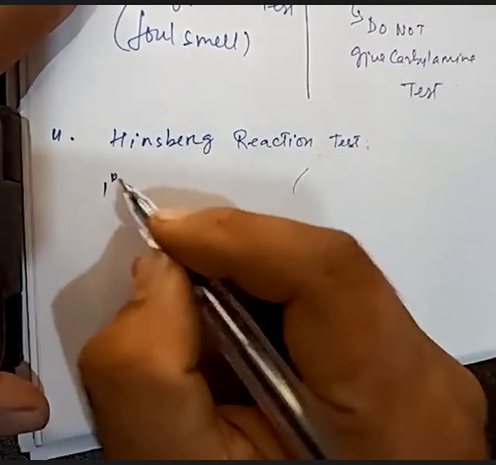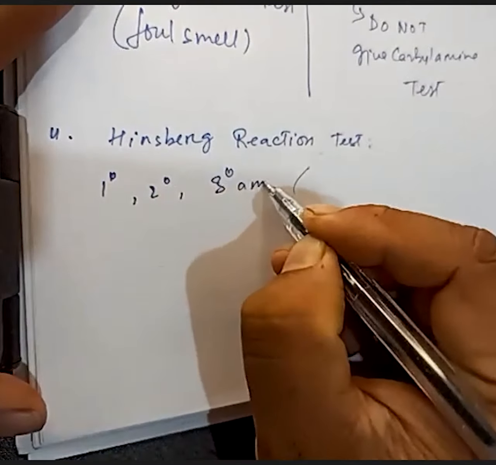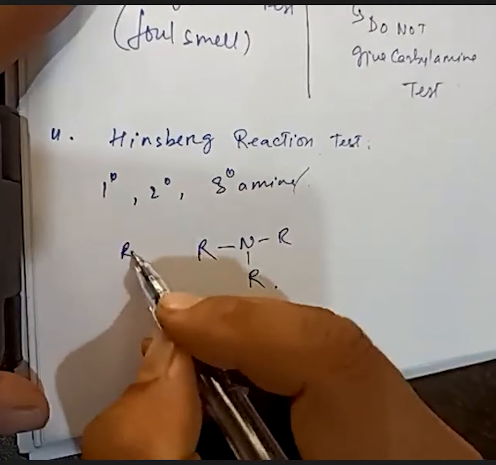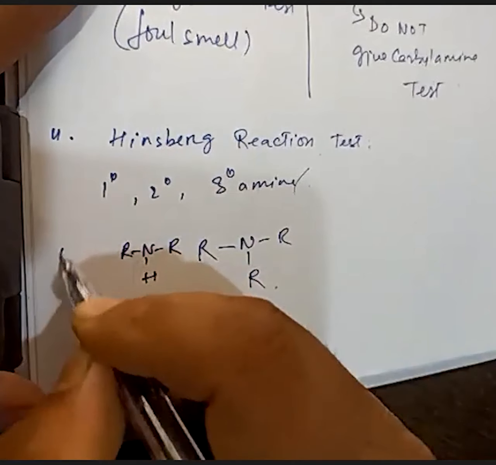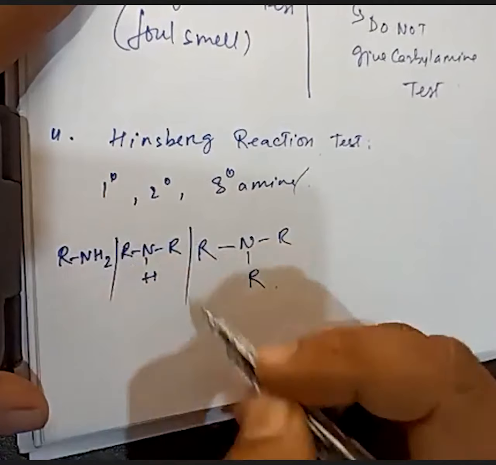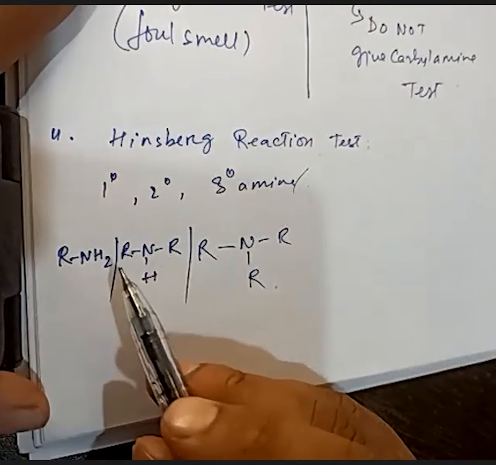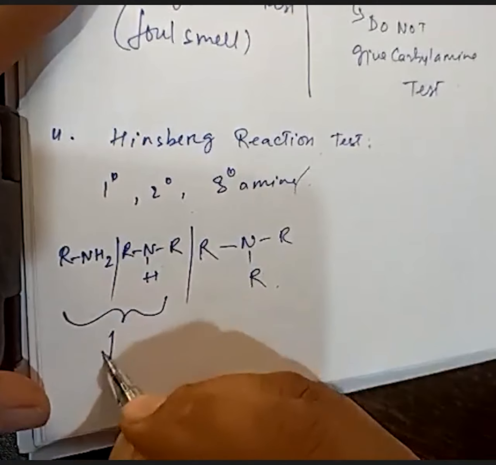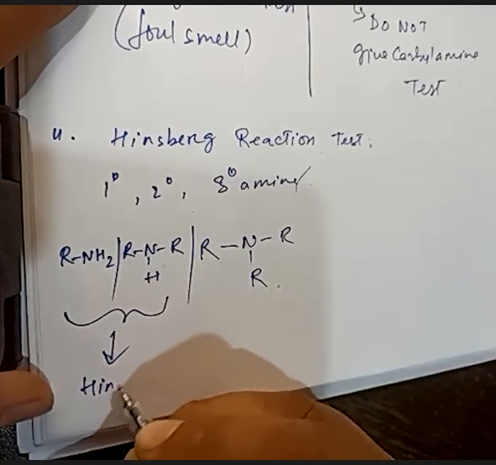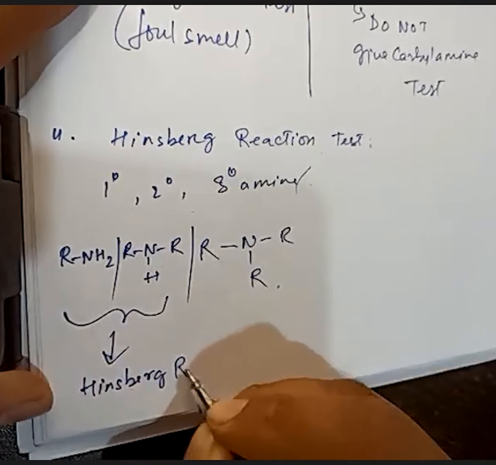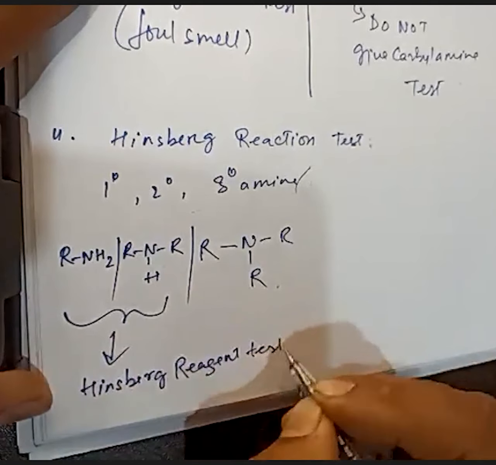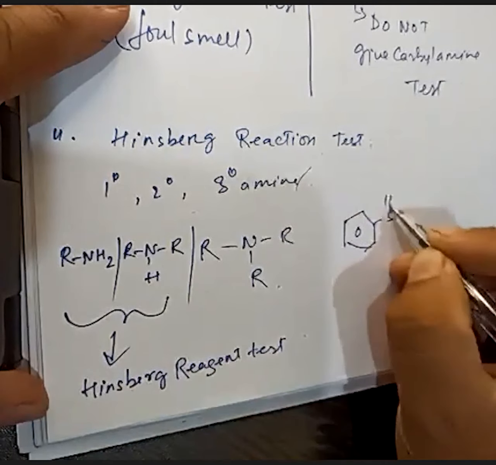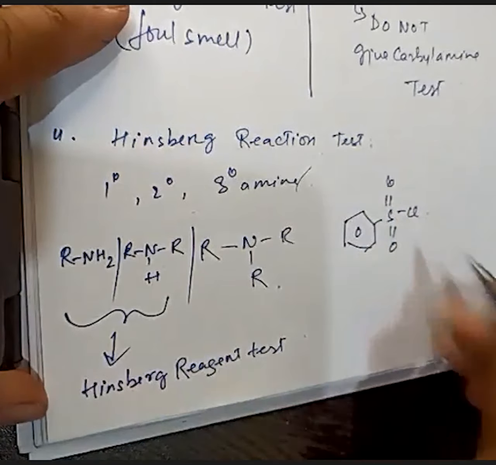Suppose there are 1 degree, 2 degree and 3 degree amines, where R are alkyl groups. If you need to distinguish among the three, 1 degree and 2 degree amines give the Hinsberg reagent test. What is the Hinsberg reagent? It is benzene sulfonyl chloride. This is the Hinsberg reagent.